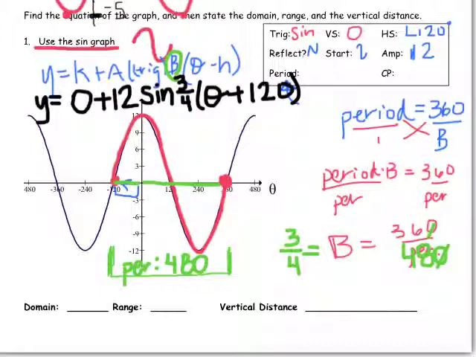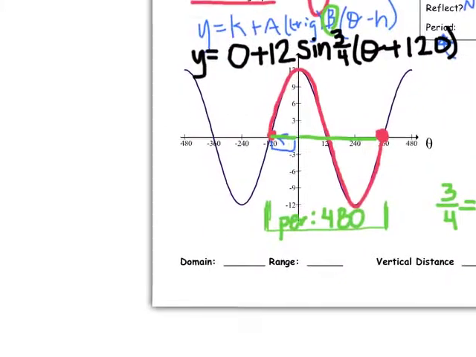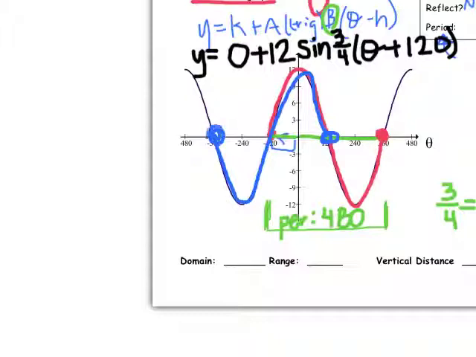Now, before we go on to the next example, let's say that I had chosen this one instead. Think about how this is going to change. Only two things really change. My horizontal starting position will change, and then also the fact that it's reflected. But your vertical shift didn't change, your amplitude didn't change, it's still sine, your period didn't change.